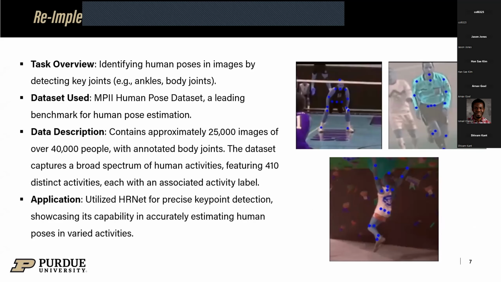You can see this lady jumping up. With HRNet, I was able to detect the shoulder joints, the elbow joints, and the ankle joints of this person as well. So I feel HRNet offers more precise analysis compared to traditional methods in this area as well.